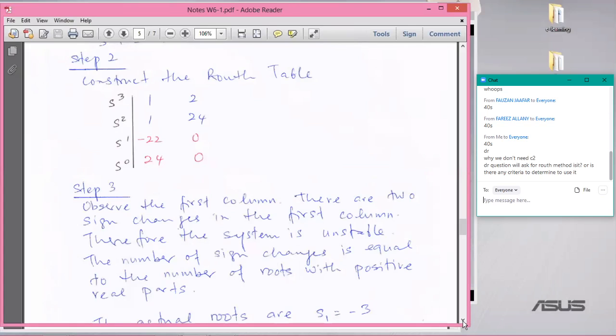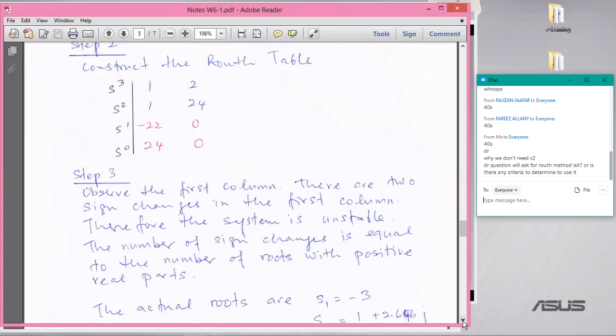There's a question in the chat box. Question will ask for Routh method. Is it, or is there any criteria? Most of the time, the question will not ask you which method that you should use. The question will ask, determine the stability of the system. That's it. And then it's up to you whether you want to find the exact root or the Routh table, unless the question specifically says to use the Routh criterion to determine whether the system is stable or not, then you have to develop the Routh table.